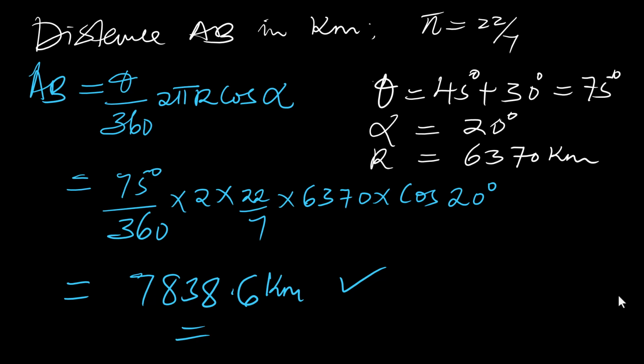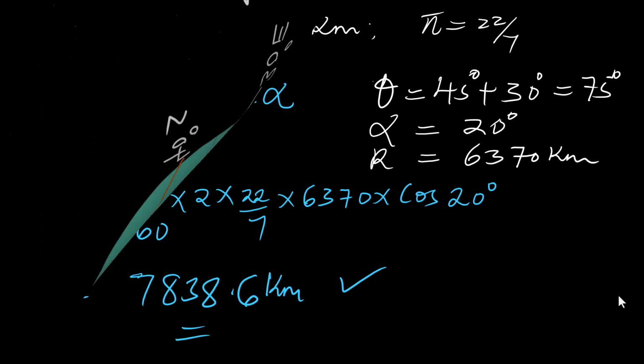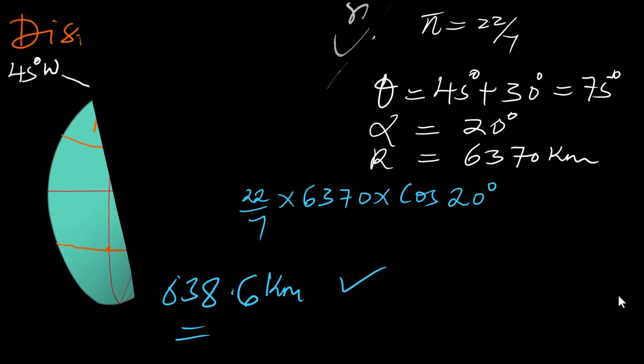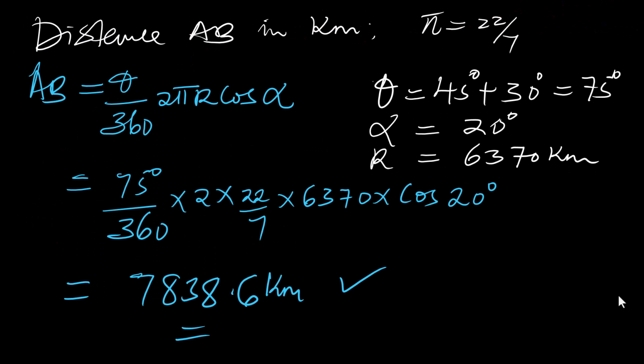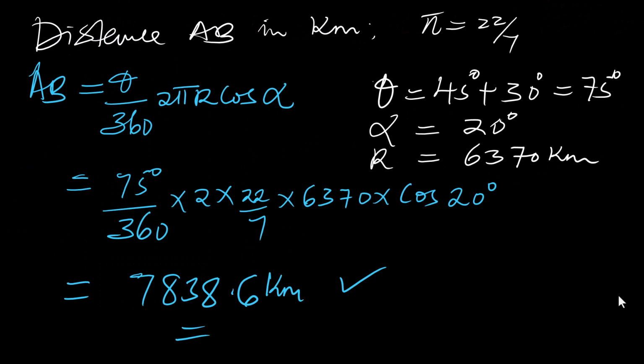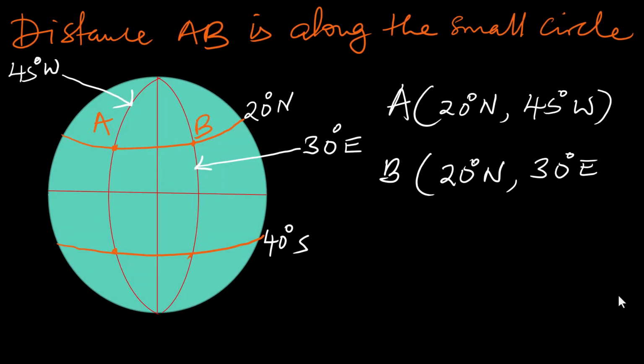Now we start by calculating the longitude difference. As you can see, they lie on different longitudes. One is 45 degrees west, the other one is 30 degrees east. So to get the longitude difference, we add. So it will be 45 plus 30, that will give 75 degrees. Then alpha is the latitude angle.